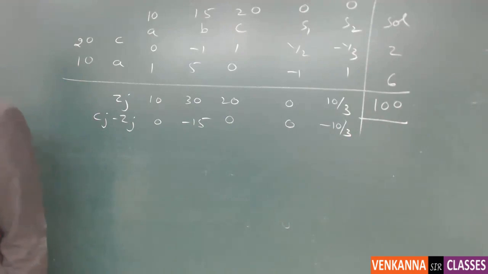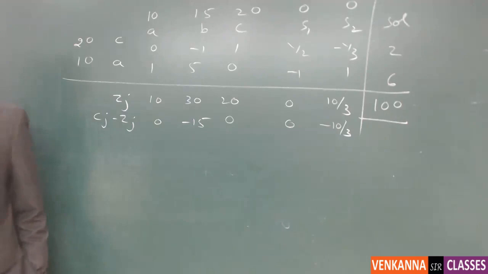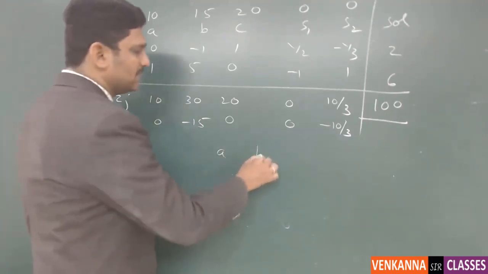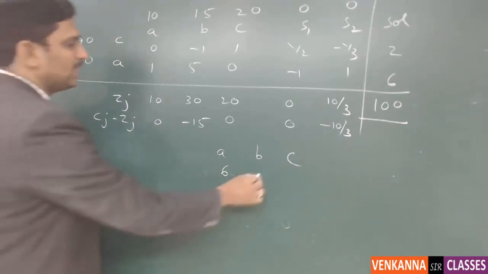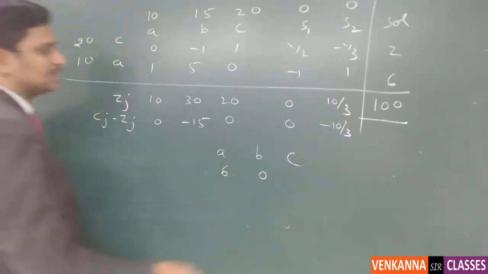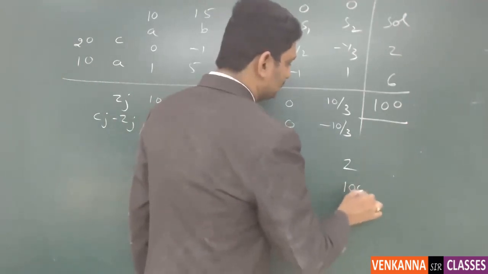Now I want to mention one thing that from this table we have a solution for the dual. What is the solution? I have taken three variables A, B, C. A has value 6, B has value 0, and C has value 2, and the Z value is 100.